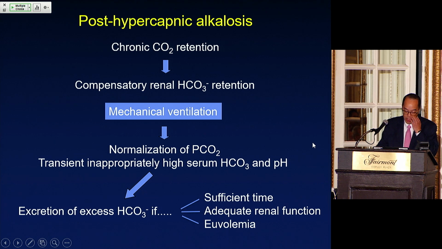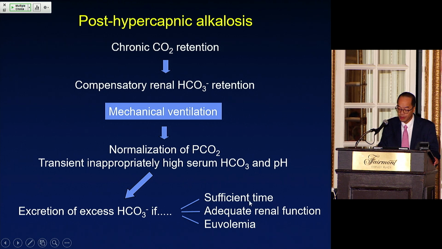Now, the important thing here is that we all assume that this is going to resolve over time. And it resolves over time because in the absence of this stimulus to bicarb retention, the kidney would excrete the bicarb. But it can only excrete it if all of these three things are true.